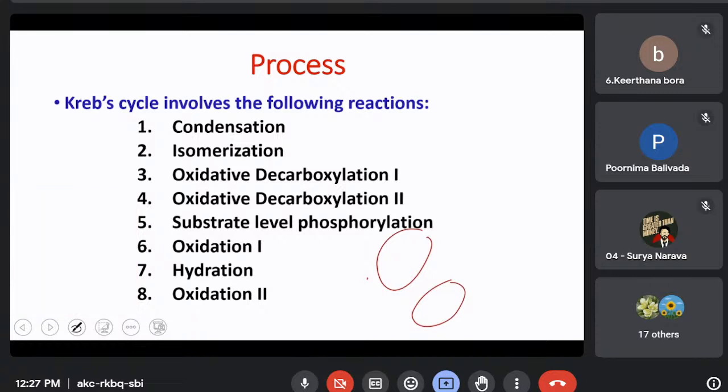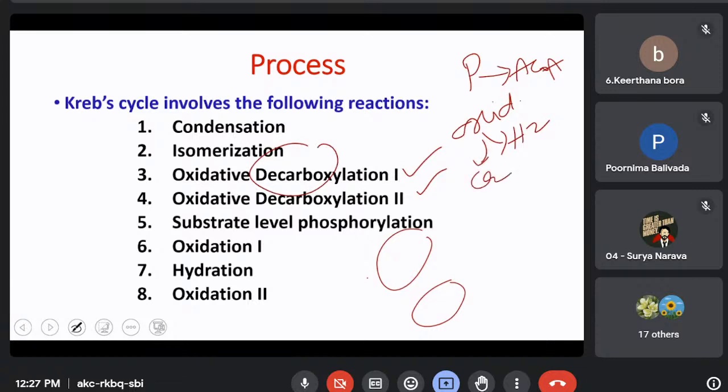And next, third one is oxidative decarboxylation. The same thing that happens during the conversion of pyruvate to acetyl coenzyme A happens in these two reactions. That means here oxidation takes place, that means hydrogen is removed, decarboxylation takes place, that means carbon dioxide is removed. Thus, there are two reactions. Oxidative decarboxylation reactions are 2 in number.